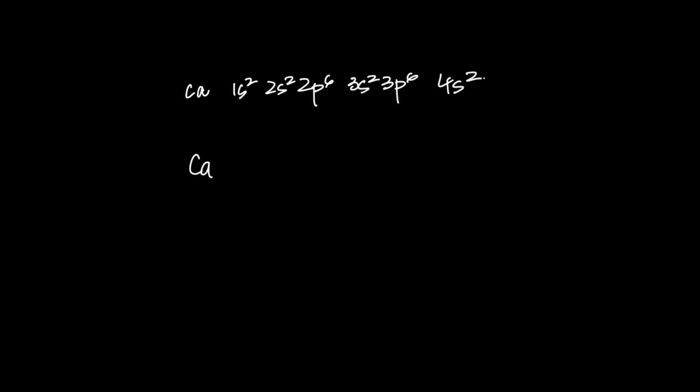And we know calcium makes a 2+ ion because it loses the outer shell electrons. Those are the 4s2. So what's it left with? 1s2, 2s2, 2p6, 3s2, 3p6.